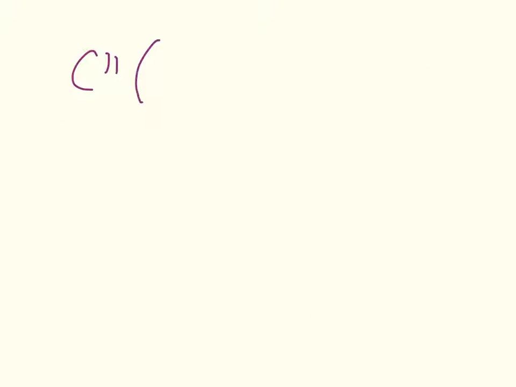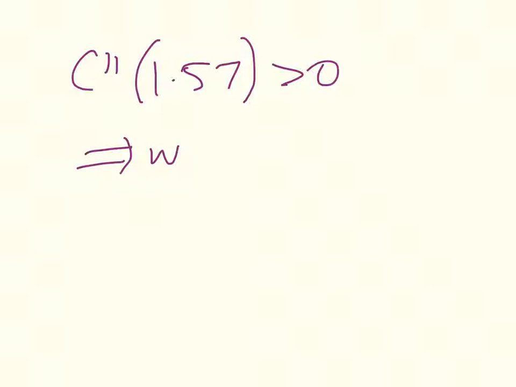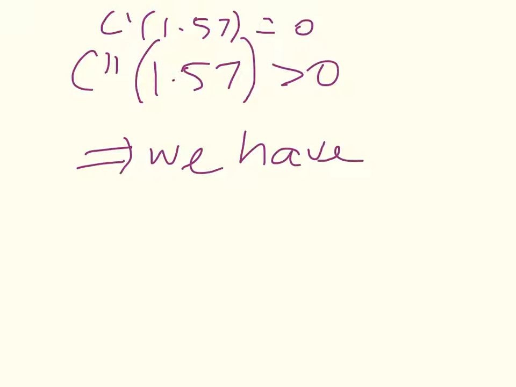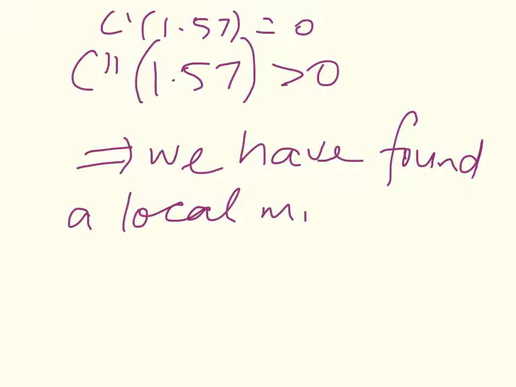So second derivative evaluated at, what was our W? At 1.57 is greater than 0. So we have found, and we had the first derivative, of course, was equal to 0. So we have found the local minimum here.